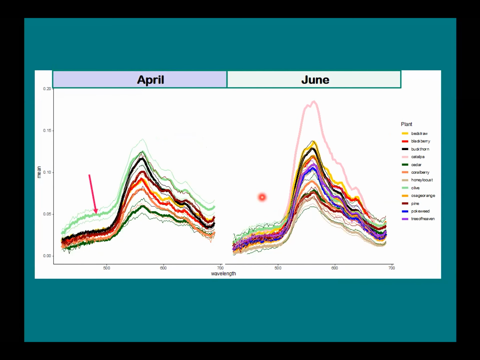We're zooming in now on the blue, green, and the red. So here's the blue, the green reflectance, getting into the red absorption here.